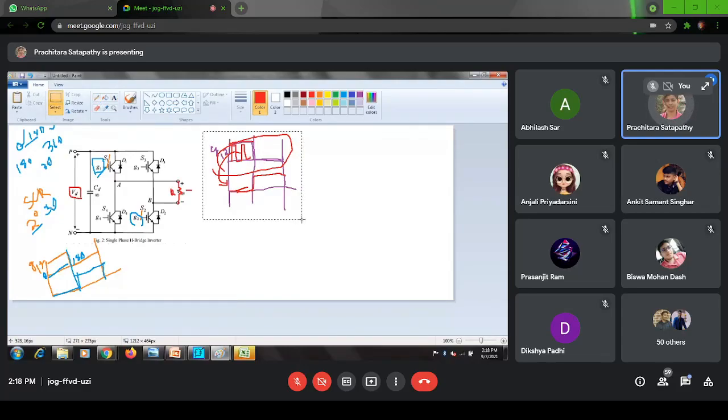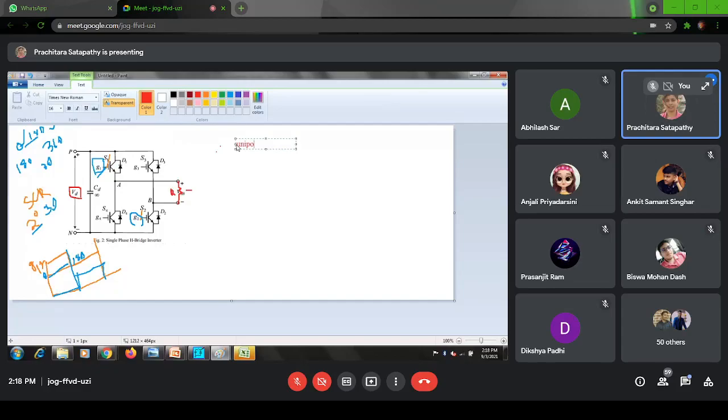Actually you have two types of design in this PWM inverter also. One is unipolar PWM inverter, okay.